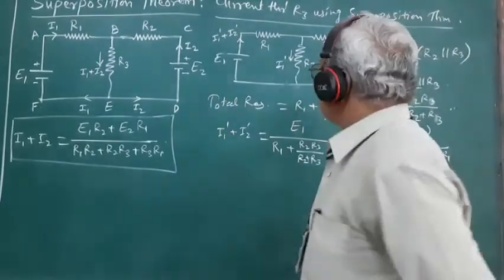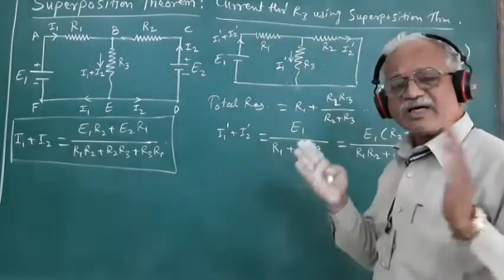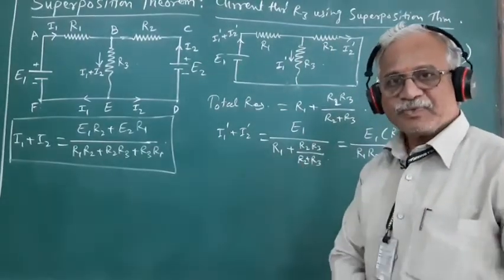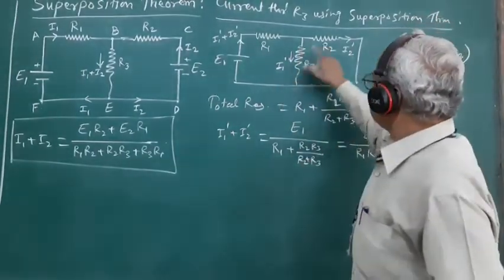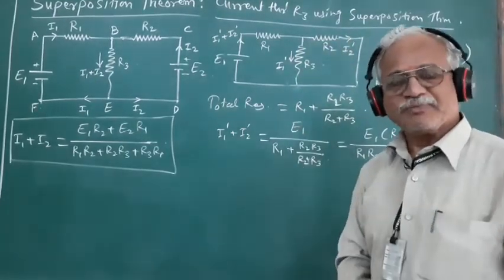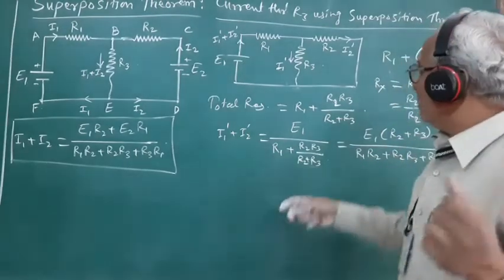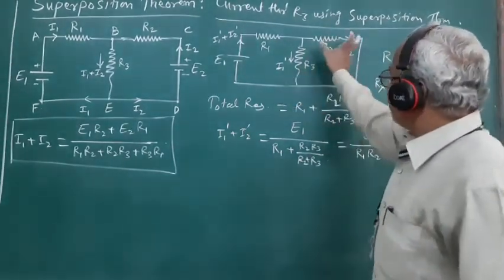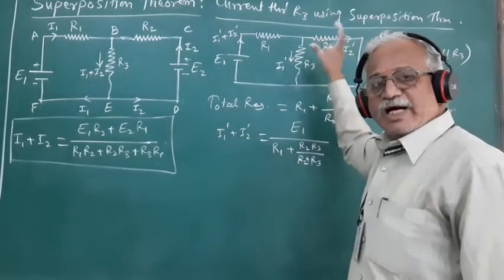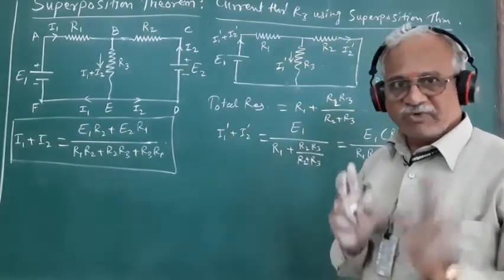Since here we observe that the resistors R2 and R3 are connected in parallel, we can say that the potential drop across R2 and the potential drop across R3 must be equal.